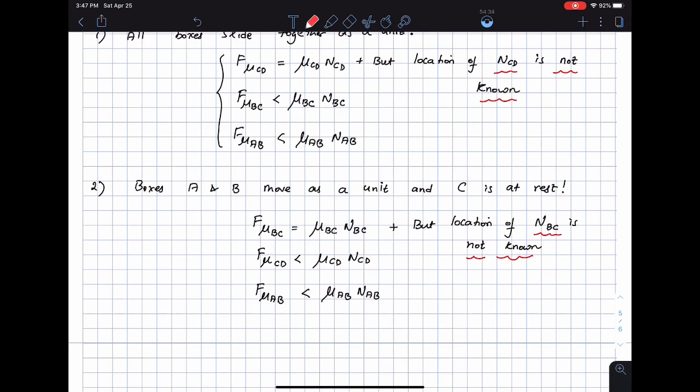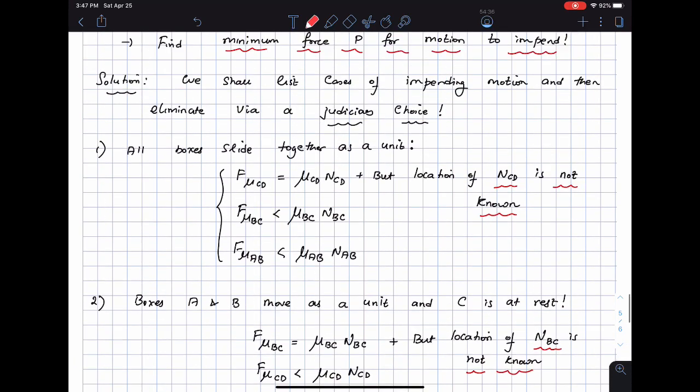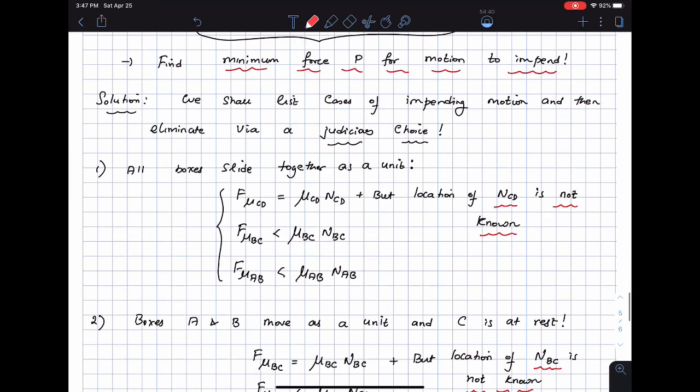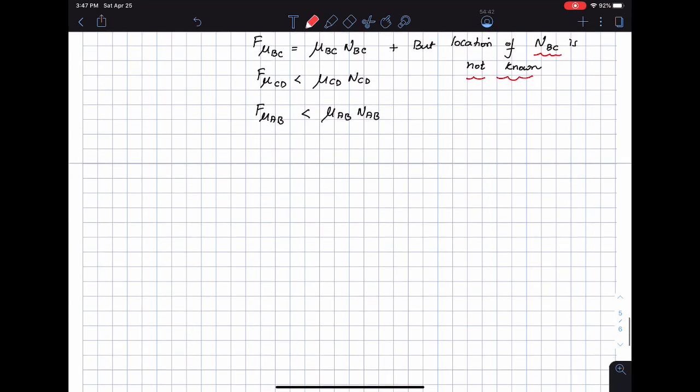Then there is a third situation of sliding motion, which is quite obvious to see. I can say that box A is moving but B and C are at rest. This is the third case of sliding motion. I'm just going to call this case 3. So box A slides, but B and C are at rest, which means that my friction equations are now the following.